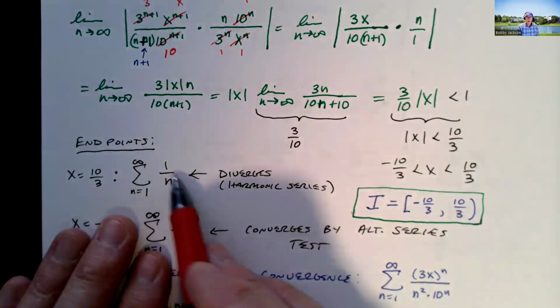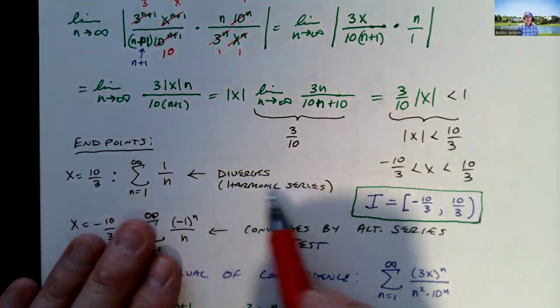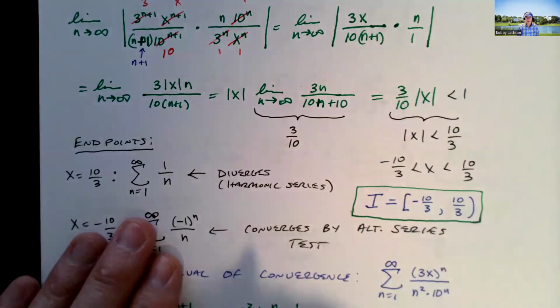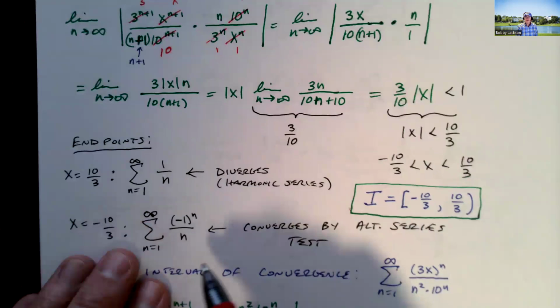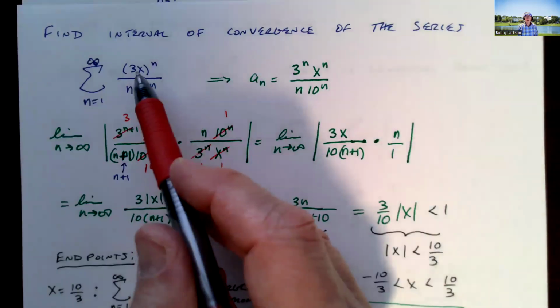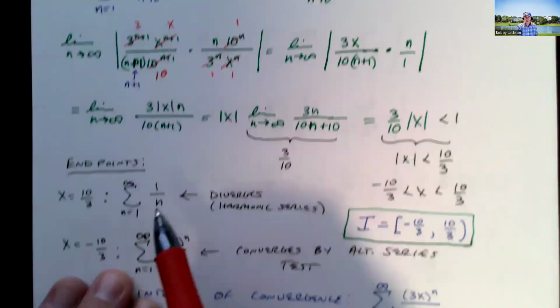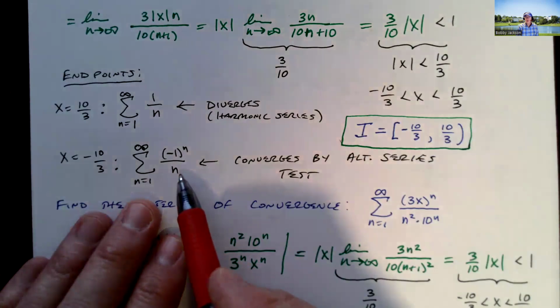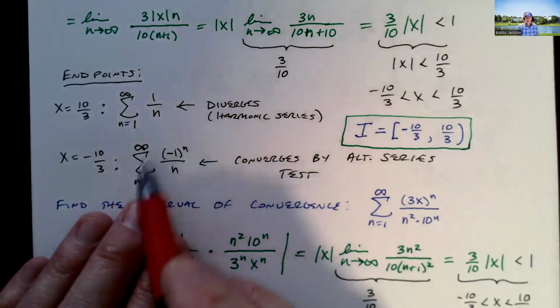Well, hopefully you recognize that series. It's the harmonic series. It's divergent, or it's a p series with p equal to 1. However, at -10/3, when I plug in there, I'll get -1 to the n times 10 to the n. The 10 to the n's cancel, and I have -1 to the n over n. Well, this is an alternating series, and by the alternating series test, this series will be convergent, right?